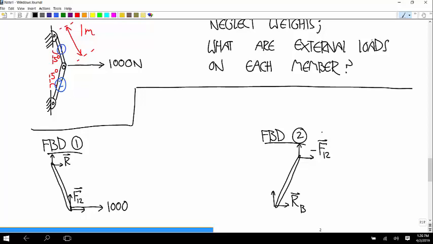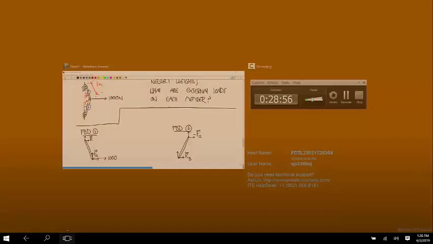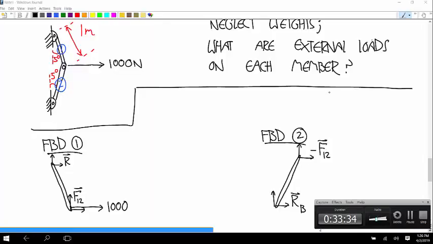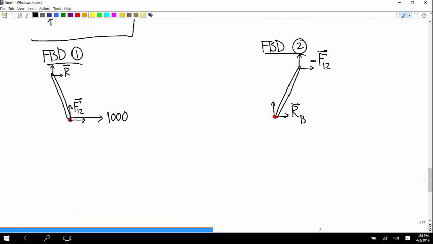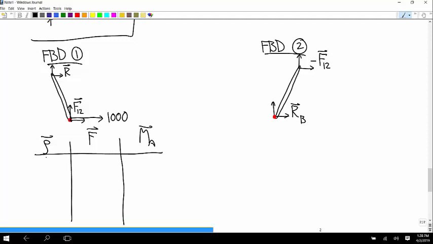So now, just with member 1, go through the Newton's laws and come up with 3 equations for member 1, and then I'll go through it, okay? Okay, so rho, force, moment. I'll start out with the force F12.